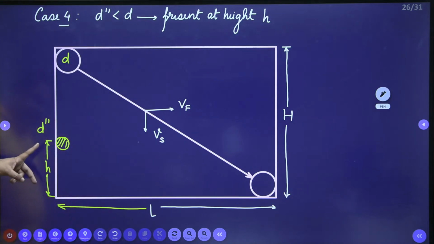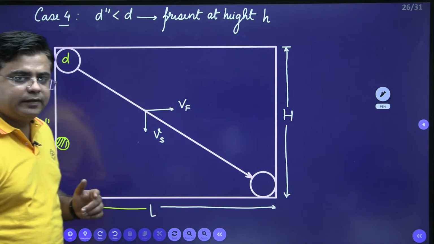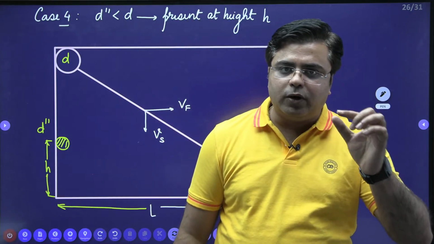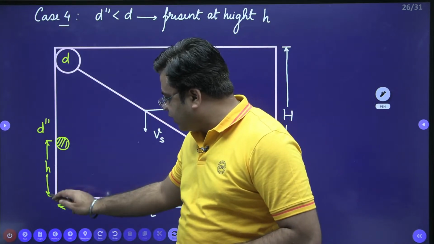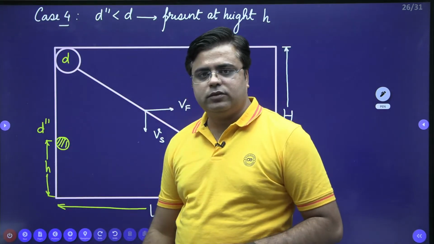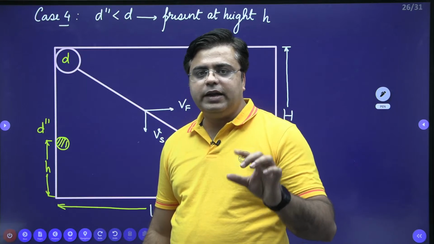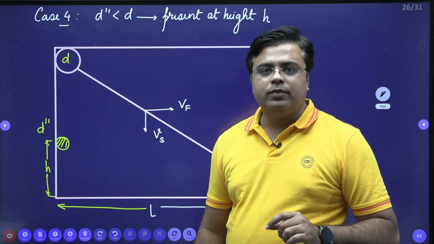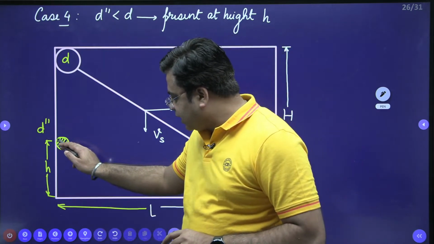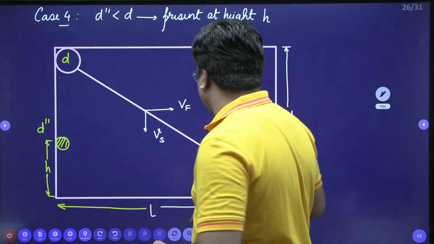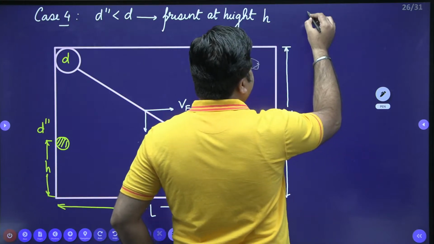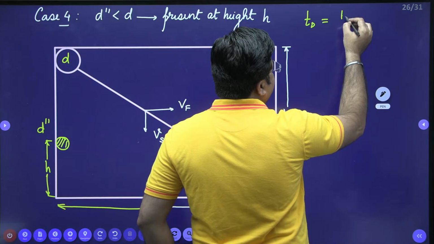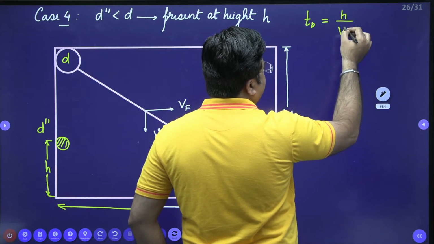Now this height small h is such that in the available time Td, the smaller size of particle can cover this height small h. Means in available time Td, the smaller size particle is covering this height of small h.